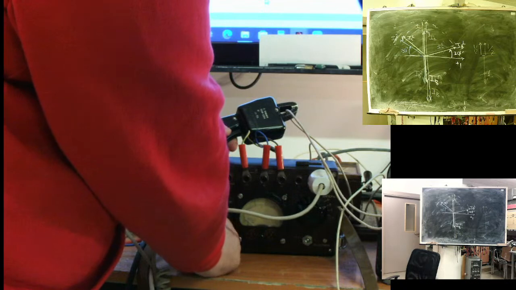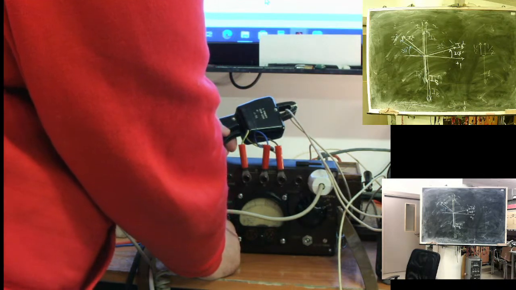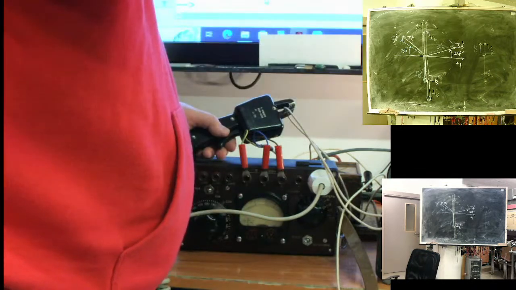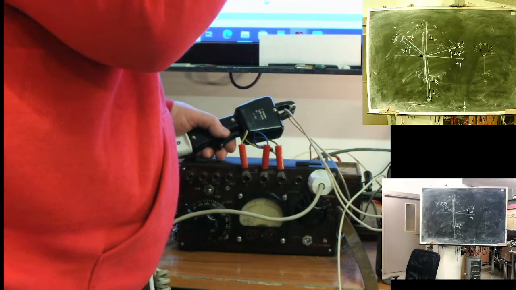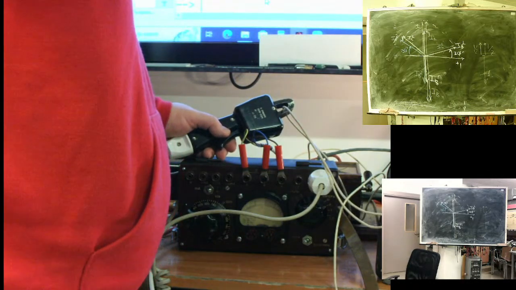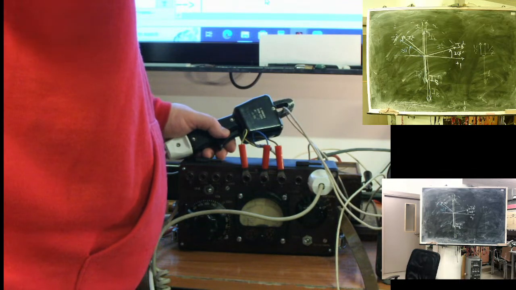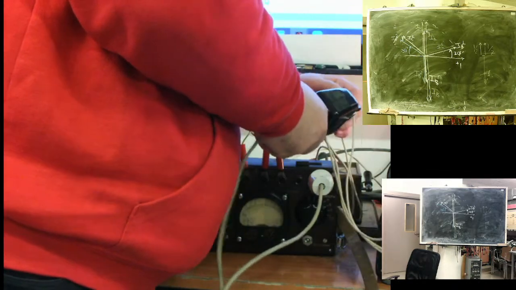For the B phase, 160 and leading. 80 lagging, down like this. 160 in lead, because here we have an opposite phase sequence.